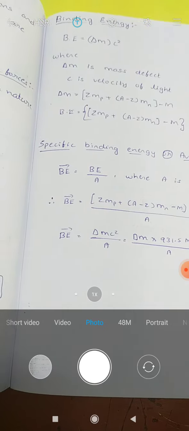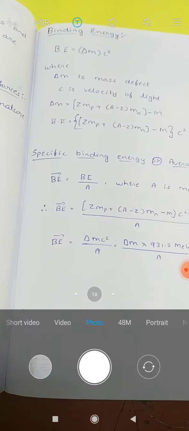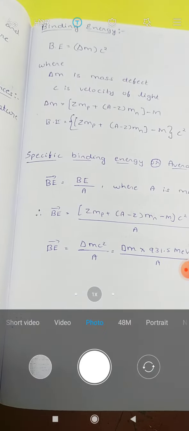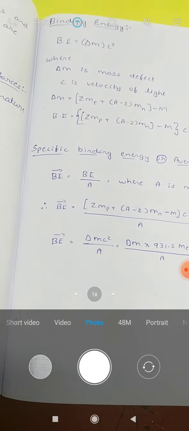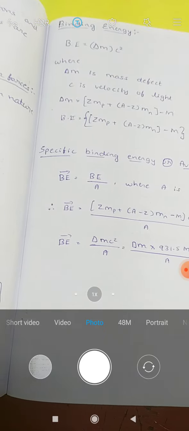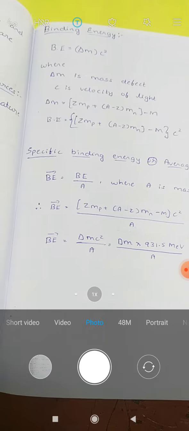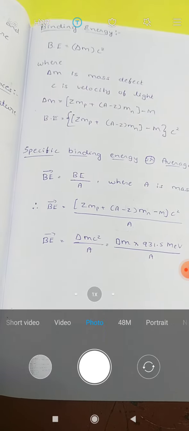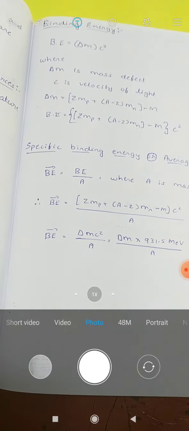Nucleons means the number of protons and number of neutrons that are separated from the atom. That energy is known as binding energy. It is also known as the minimum amount of energy required to break the nucleus into its constituent particles.